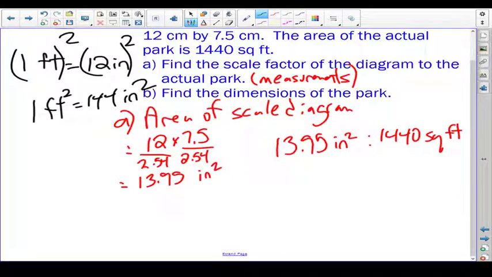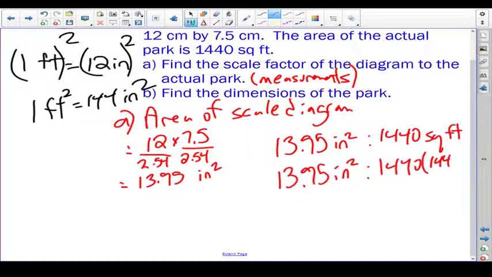So we're going to take this and multiply it by 144 to turn it into square inches. So we have 13.95 inches squared to 1440 times 144, and the answer will be in inches squared.